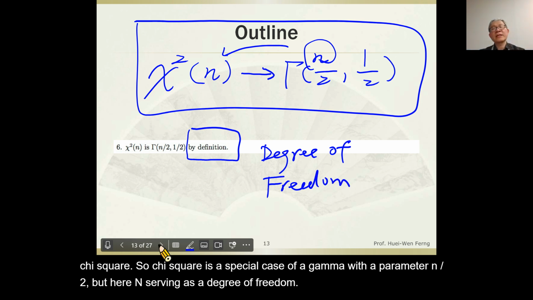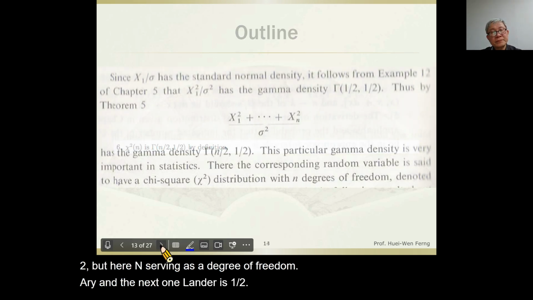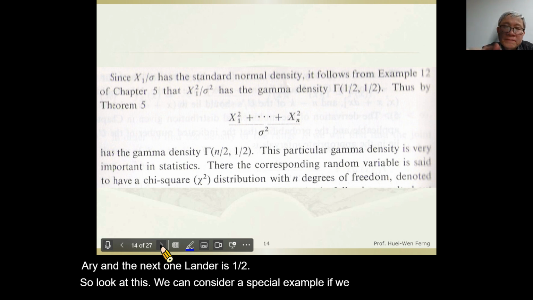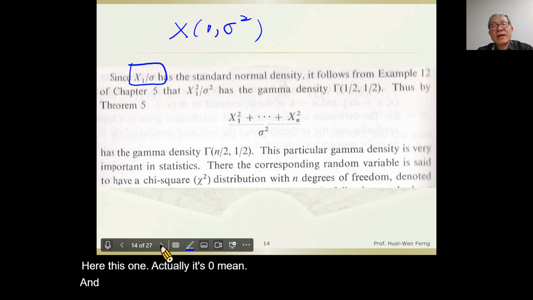Alright, and the next one, lambda, is a half. Well, look at this. We can consider a special example. Here, this one actually has zero mean and variance sigma square.